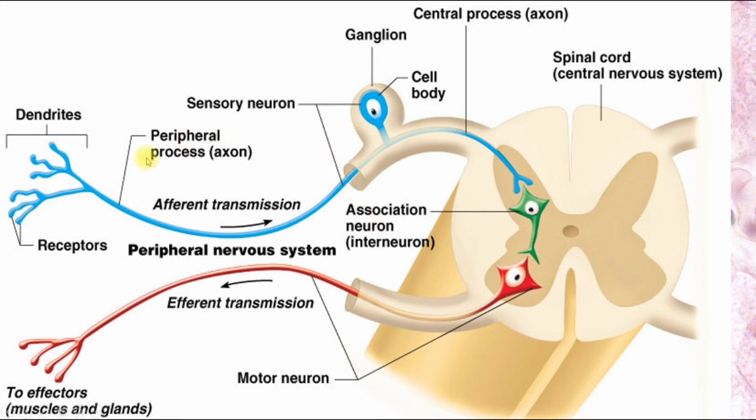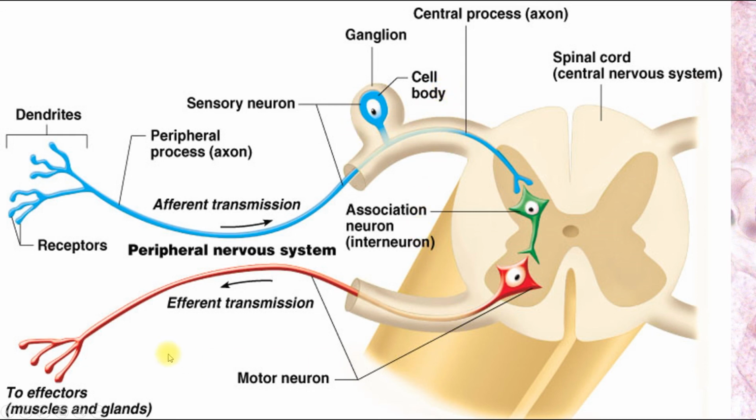And here we can see what is present in peripheral nervous system. In peripheral nervous system, we have axons and dendrites, which form peripheral nerves. We can see nerve endings, receptors or effector nerve endings, and also cell bodies of some neurons are located in peripheral nervous system. For example, cell bodies of sensory neurons, which form spinal ganglia.